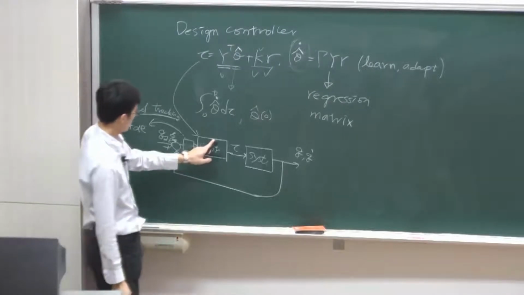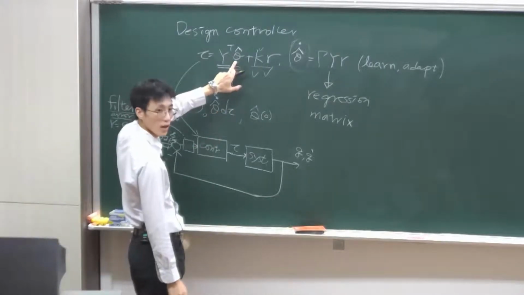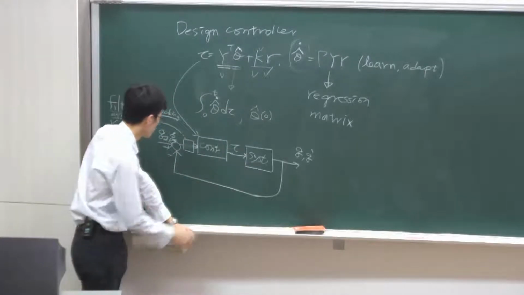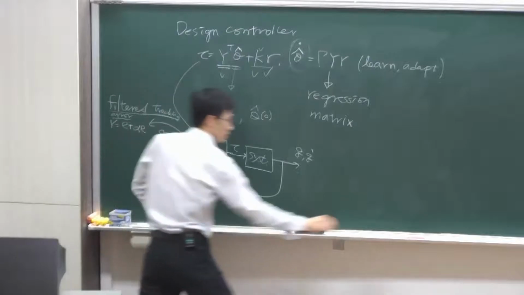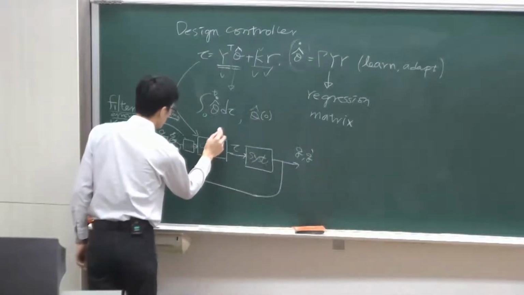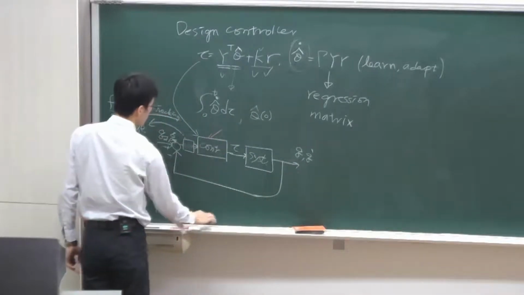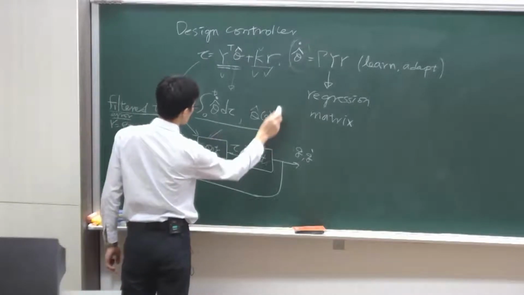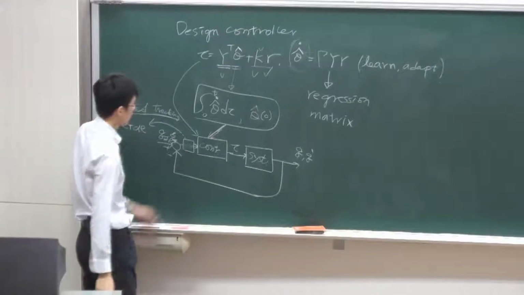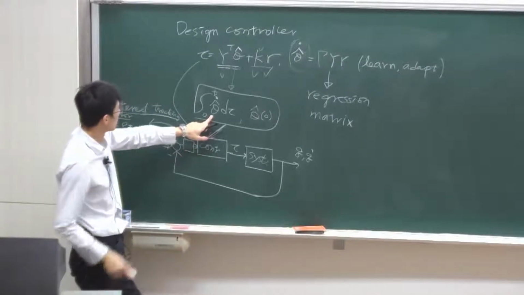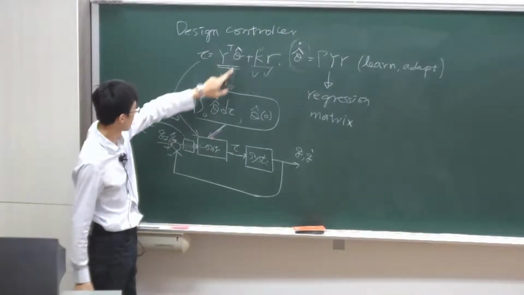And in here, you have theta hat, which is time variant. So you need to do this. One more block doing this, and this generates the updated theta hat.